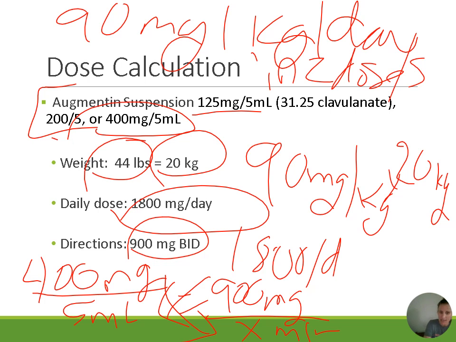So 900 times 5 equals 400 times X. That ends up being 11.25 milliliters. That's the volume we end up with. So 11.25 milliliters twice a day. You can round that to 11. That would be okay. That dose would be close enough. I mean, its bioavailability varies between kids anyway, so you could do 11 milliliters twice a day.